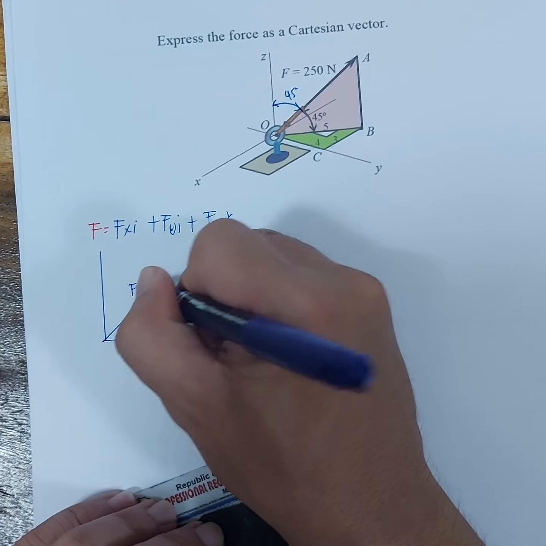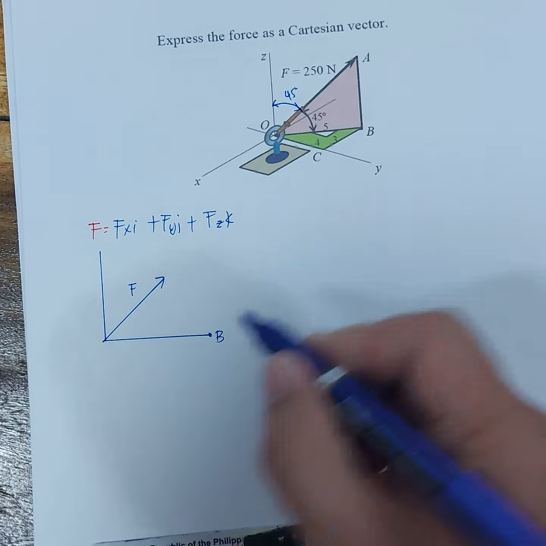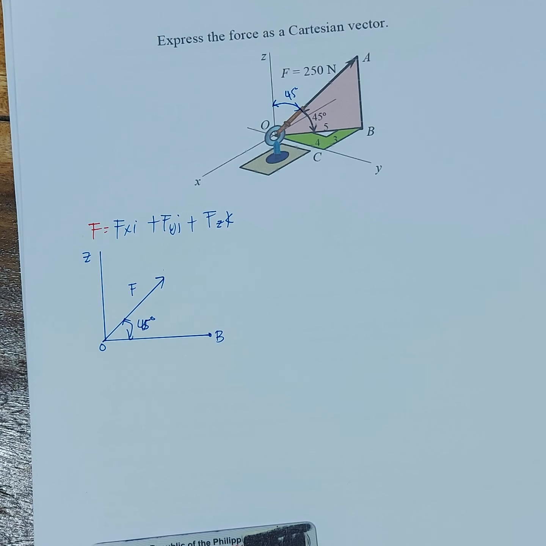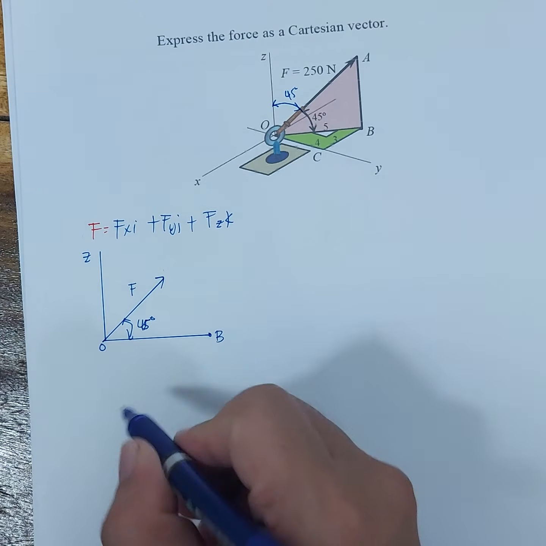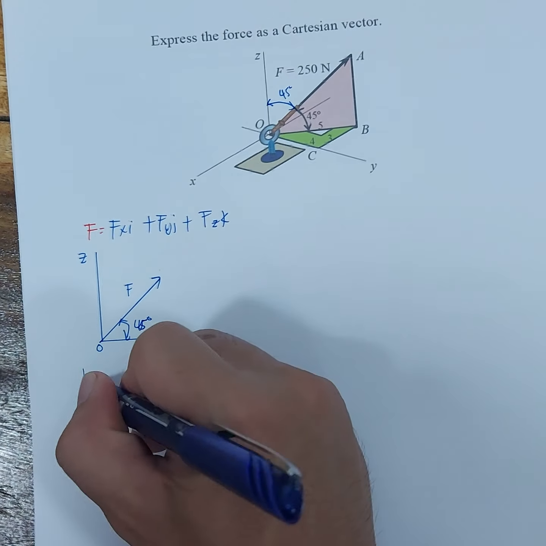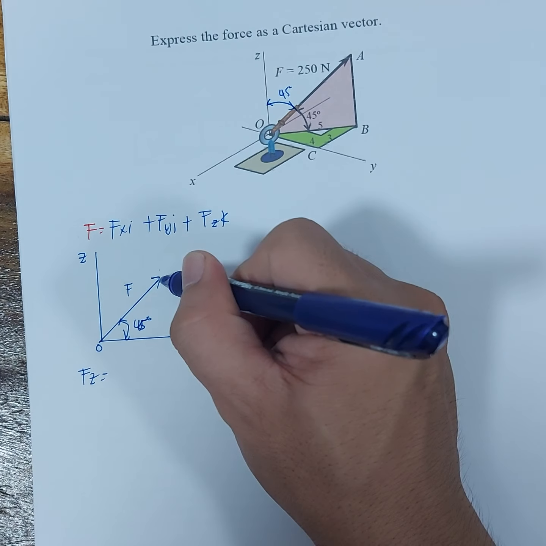Drawing na lang natin. This is F. This is point B. Origin. This is the Z plane. Ito yung drawing ko. So this is 45 degrees. Pangit ang sulat ko. So we can easily solve for Fz. So ito yung Fz natin.